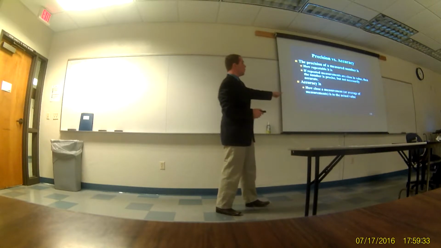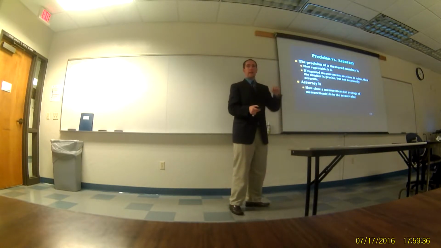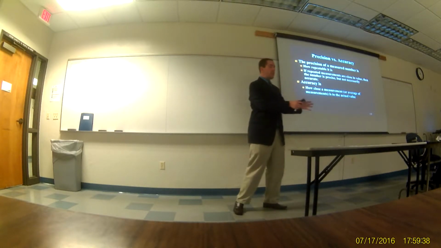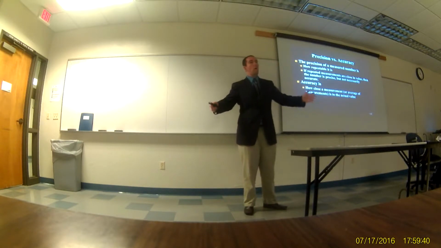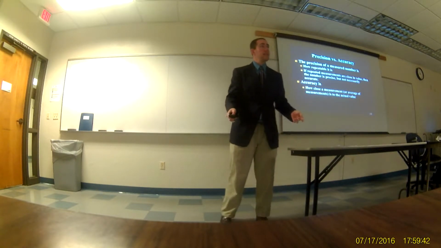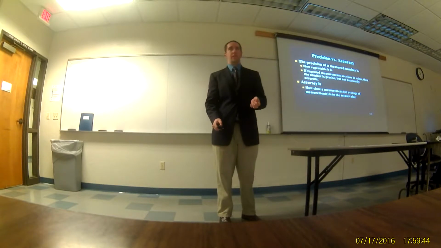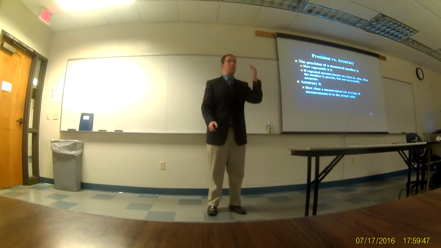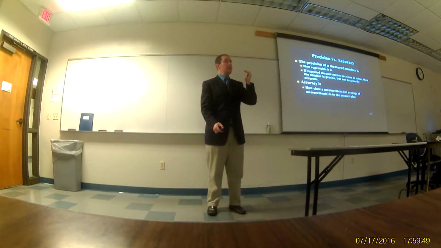Accuracy is how close you are to the actual number. And if you have a number of measurements, all you care about in terms of accuracy is the average. So we'll say I'm 2 meters tall, okay?